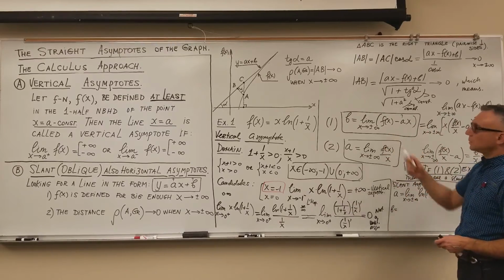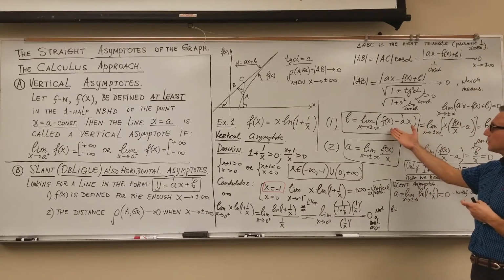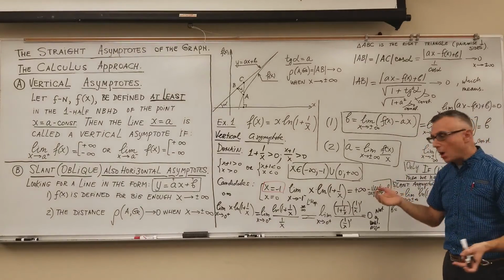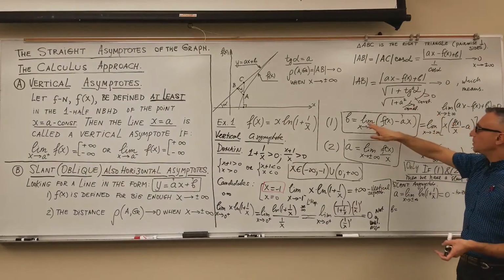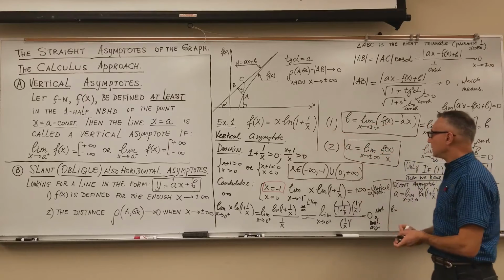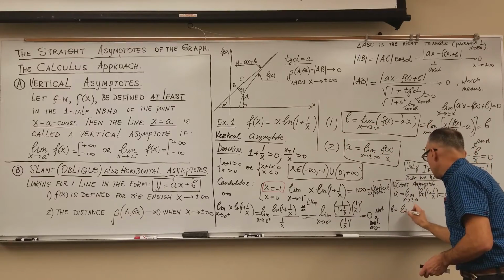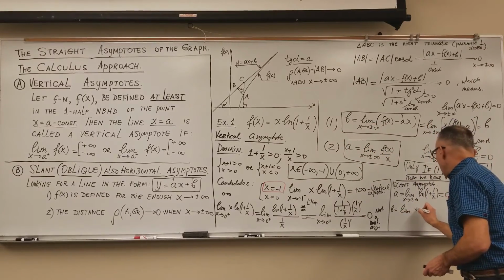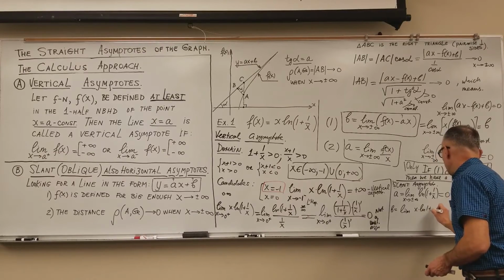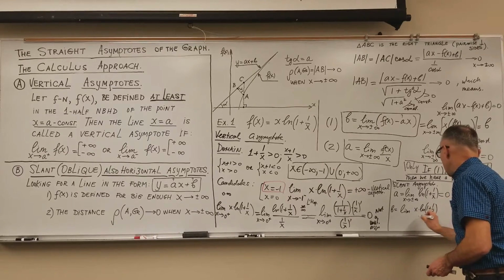B is equal to this limit, f of x minus ax. A is 0, so this term drops out. It will just be the limit of f of x, the given function. It's the limit of x times ln 1 plus 1 over x.